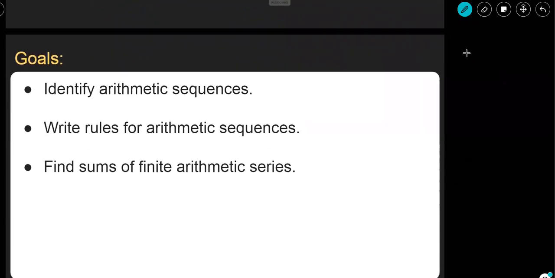So our goals from that lesson were to identify arithmetic sequences, write the rules for arithmetic sequences, and then find the sums of finite arithmetic series. So remember, a series is just a sum of a sequence.